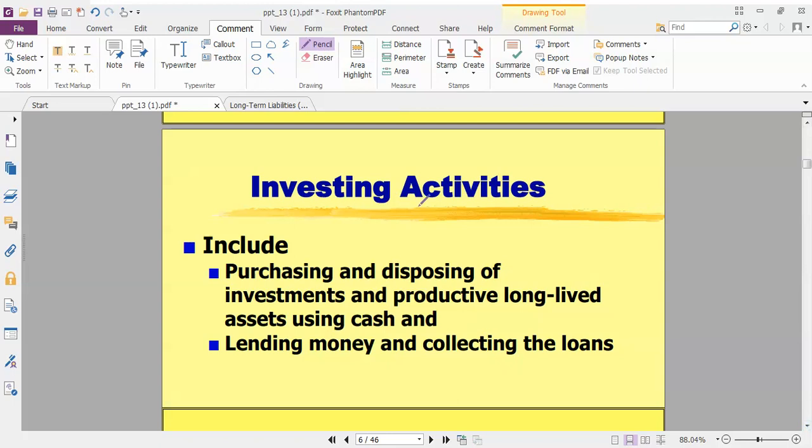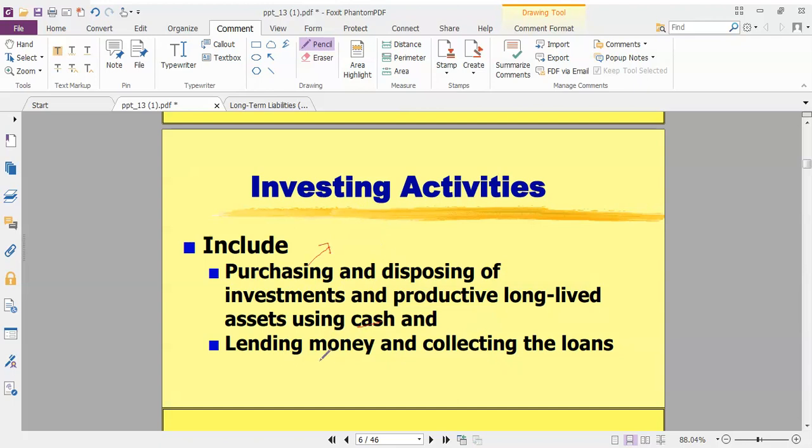For investing activities you should include purchasing and disposing. It means that you purchase some of the assets using the cash. For example, if you purchase a motor vehicle, you should include it under investing activities.